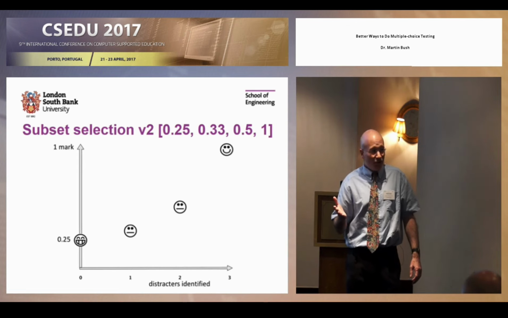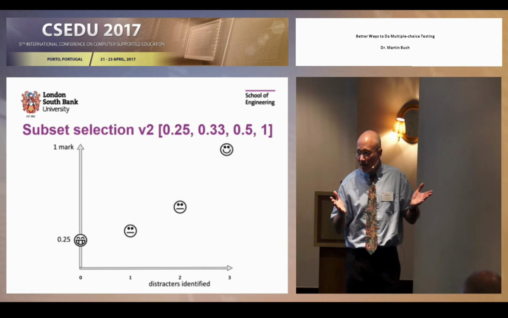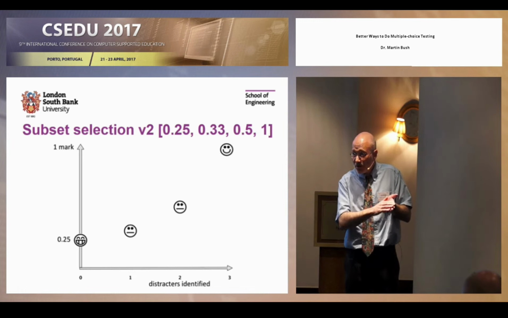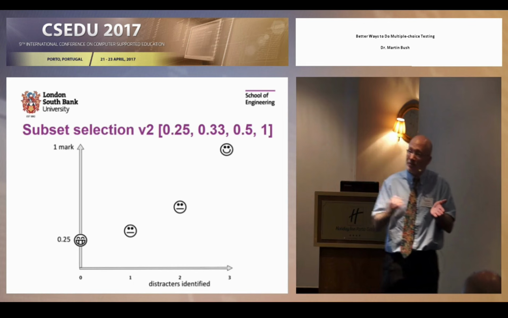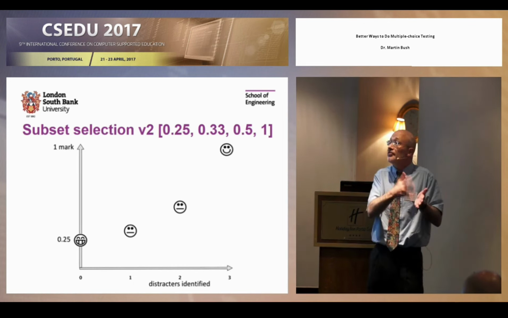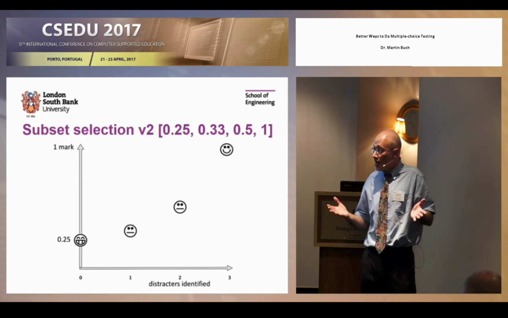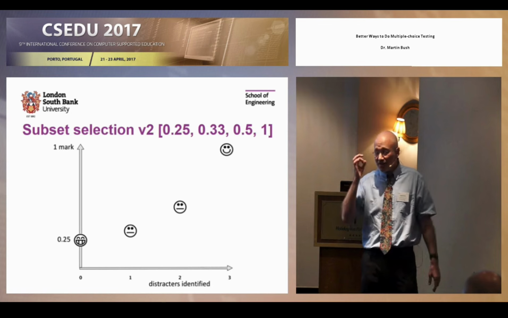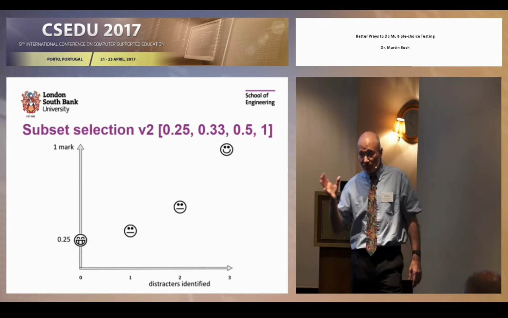Which sounds ridiculous, but if you don't do that, students are going to make a guess anyway, because if there's no negative marking, students are going to say, well, I don't know what the right answer is, but I'm going to make a guess because I've got a 1 in 4 chance of getting it right. So we want to inhibit them making a guess.